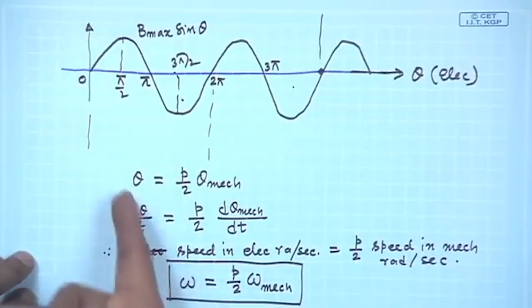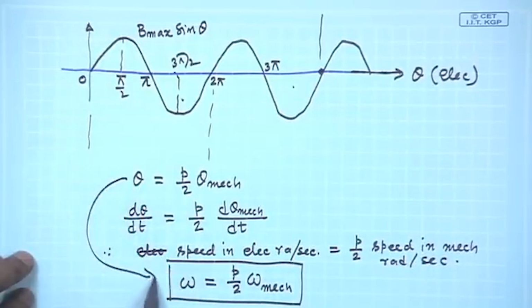This just comes from this. So, electrical speed is always greater than the mechanical speed of the machine.